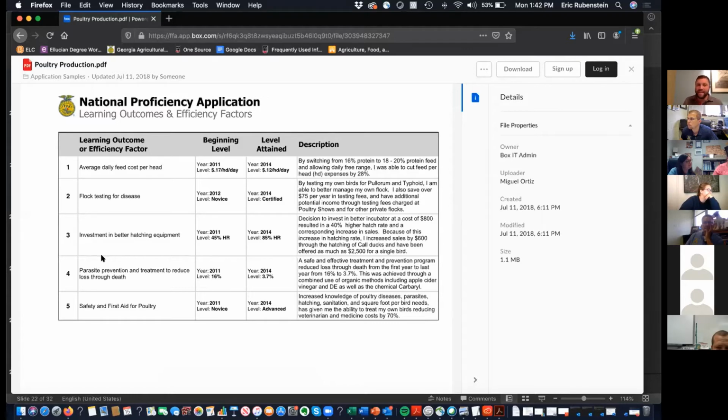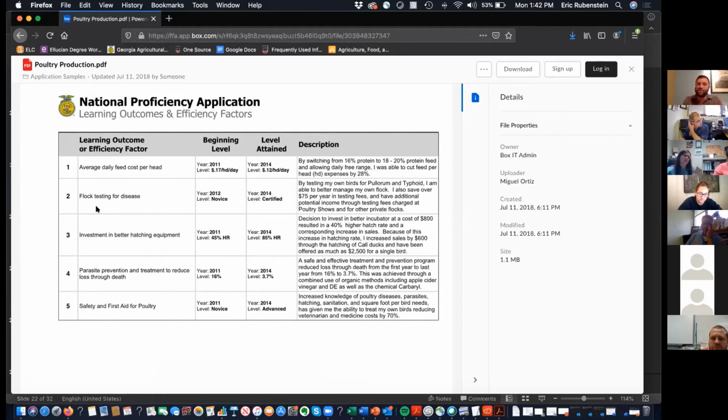Sometimes we use learning outcomes, such as a flock testing for disease, and there are many ways we could calculate that rather than using these level attained. But the way it's worded in that efficiency factor and learning outcome helps dictate what we could use as a level, or how we can measure that, or how we can articulate that in the application.